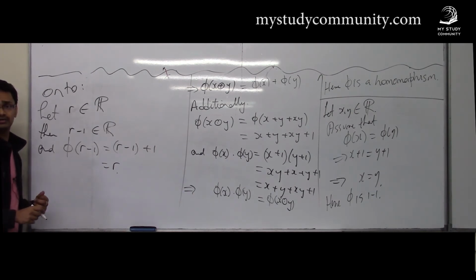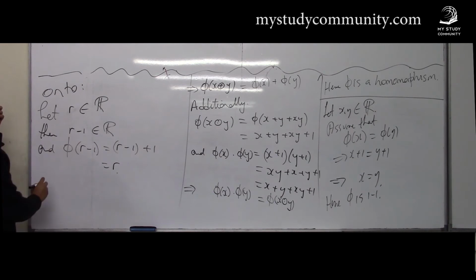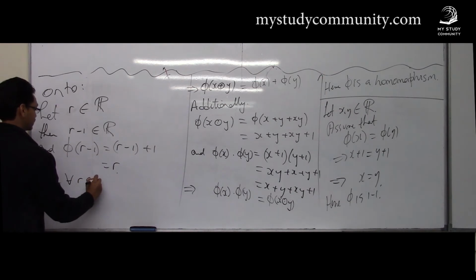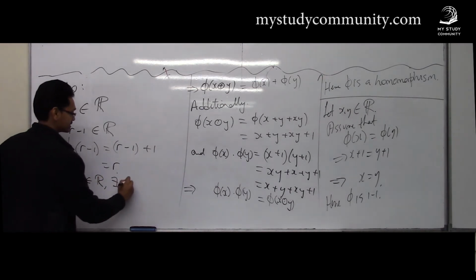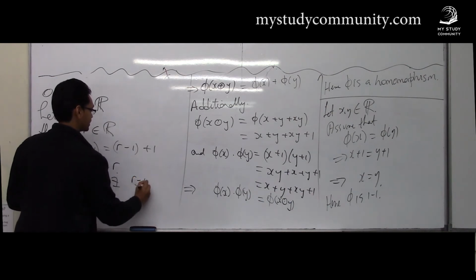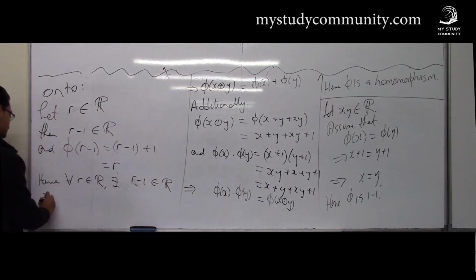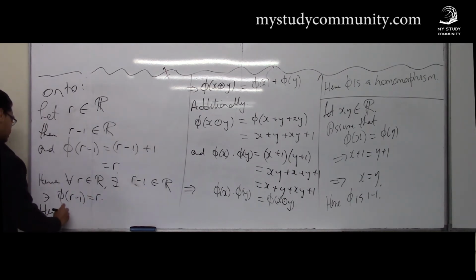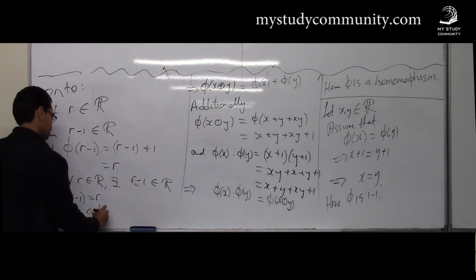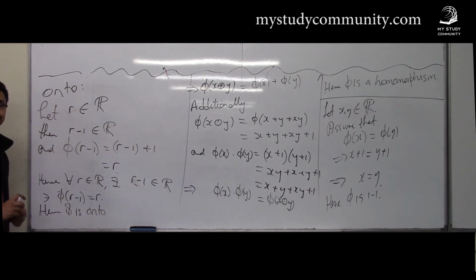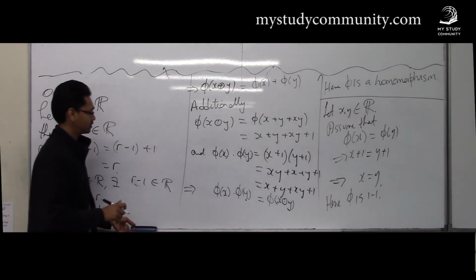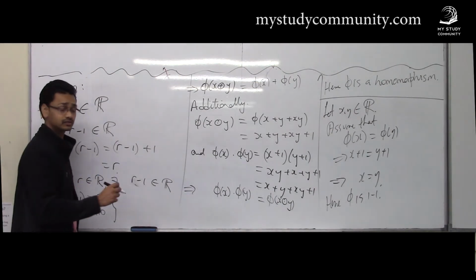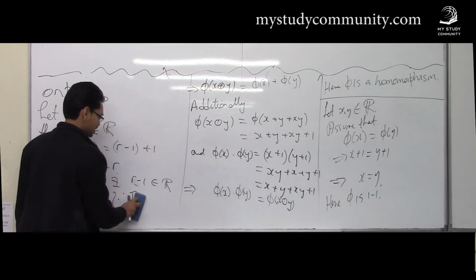Does that follow? Hence, for all r in the codomain, there exists an r minus 1 in the domain such that phi of r minus 1 equals r. Hence, phi is onto. Yes? Therefore, the result follows: homomorphism, one-to-one, onto.